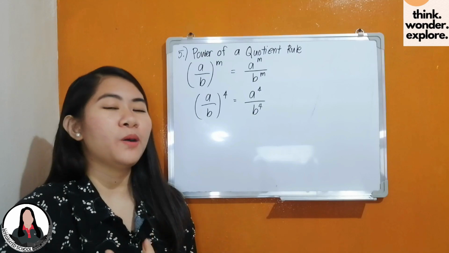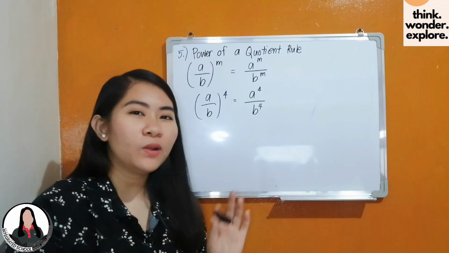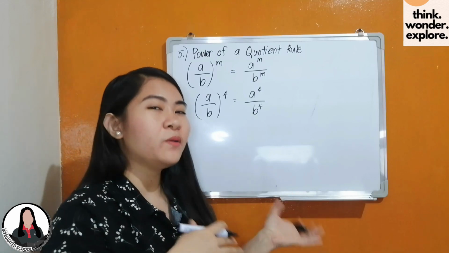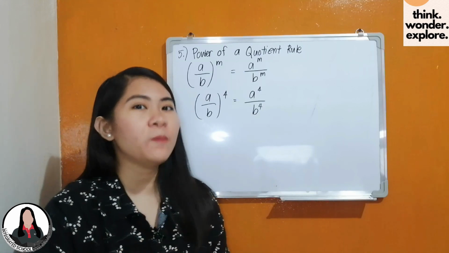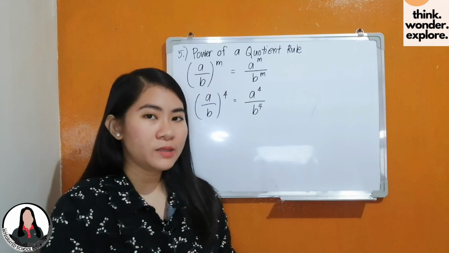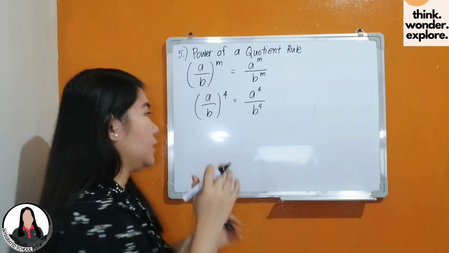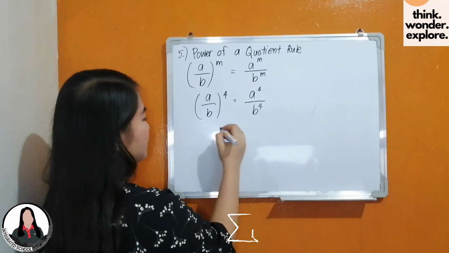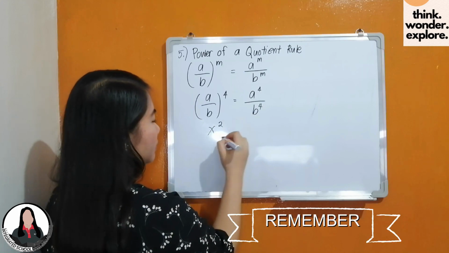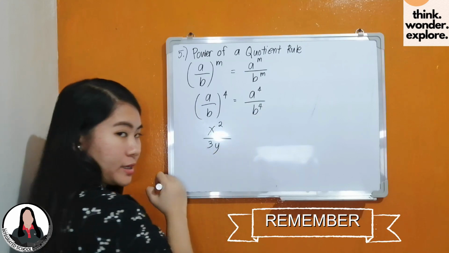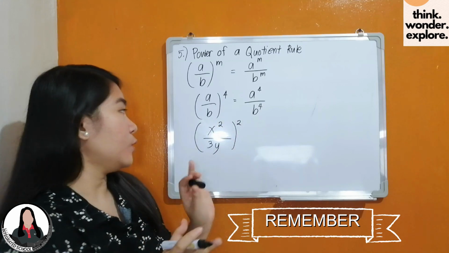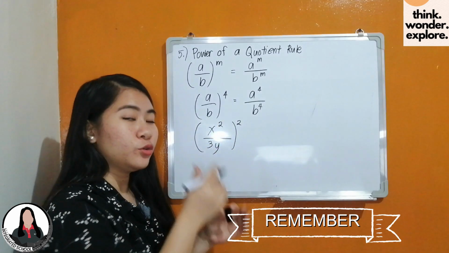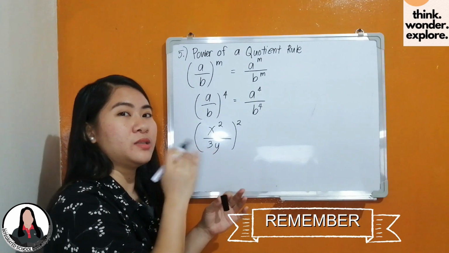However, kagaya ng power of a product rule, meron din tayong mga example under ng power of a quotient rule kung saan meron na tayong numerator or kaya naman ay denominator na may sarili ng exponent. So, anong gagawin natin doon? Ganito lang yan. So, let's have x squared over 3y, for example, quantity raised to 2. Okay? So, kagaya nito, yung numerator natin, meron siyang sariling exponent.